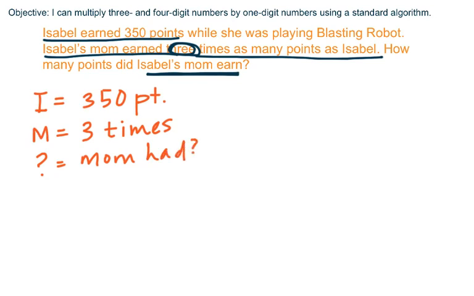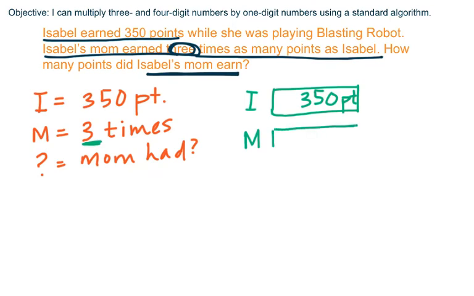Okay, so let's think about this in terms of a tape diagram. Here's Isabel. Here's what she has. If you think back, what goes inside the tape diagram is the value of that bar. So we know that Isabel has 350 points. I'm going to make my bar just a smidge smaller so that I can show this correctly. We know her mom has 3 times that amount.